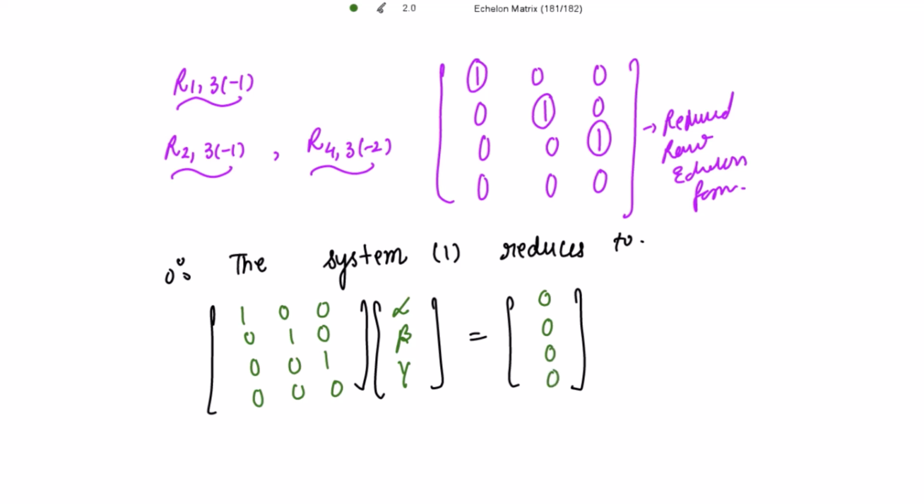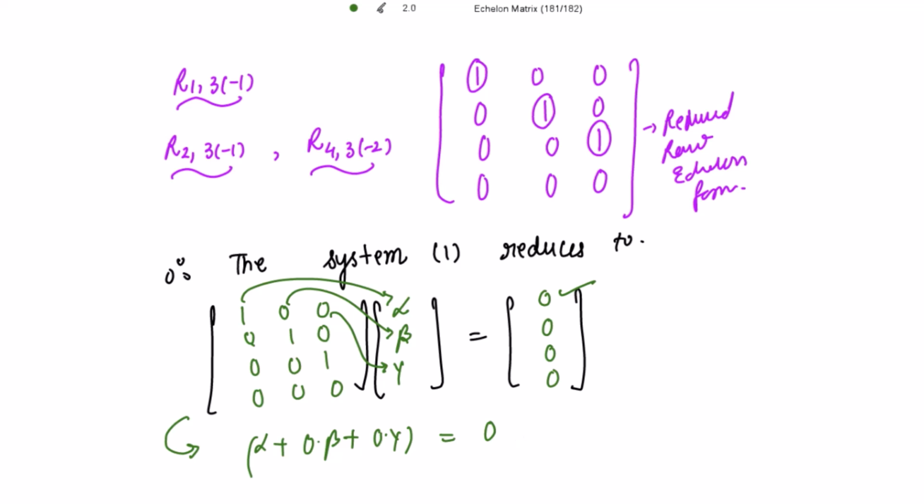If we write back the equations, what we get? Okay. 1 multiplied with alpha plus 0 multiplied with beta plus 0 multiplied with gamma is equal to 0. That is what we are getting, alpha equal to 0.